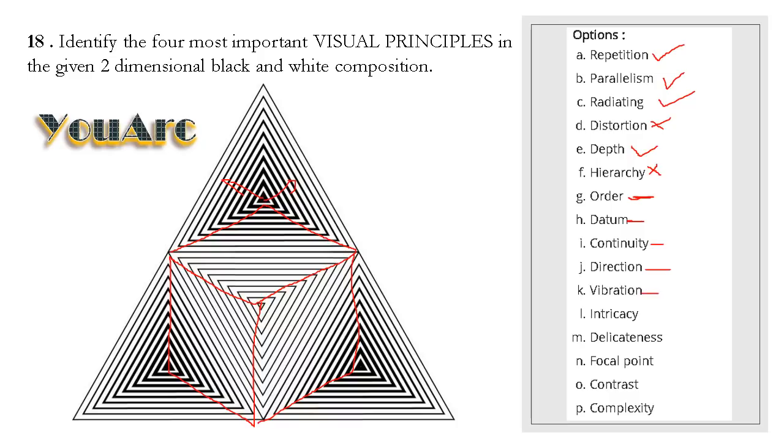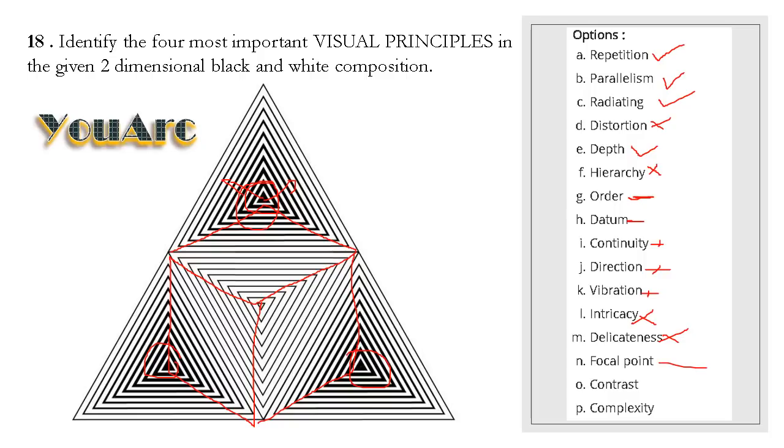Vibration, no. Intricacy, no. Delicateness, no. Focal point, yes, we have a focal point, but the focal point may be here, but we have two or three focal points, but that is not possible because a focal point is one point where our eyes get fixed. So I don't think I'll take this as an option.